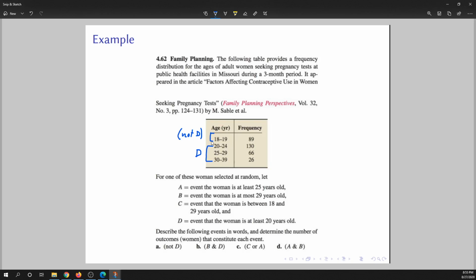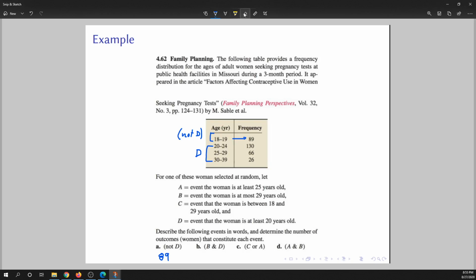And so that would also be all of the women who are 18 to 19 years of age, and they want to know the number of women in each event. So in not D, that corresponds to 89 women. Okay. So that is part A.